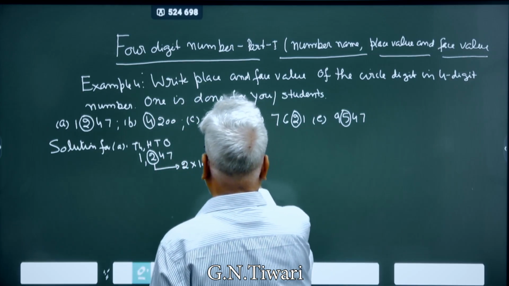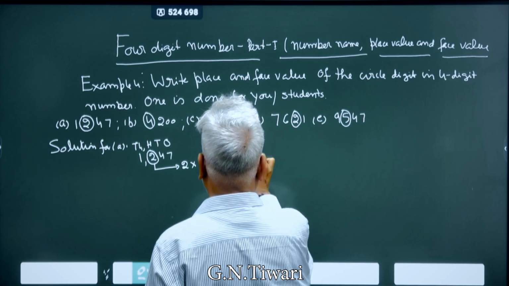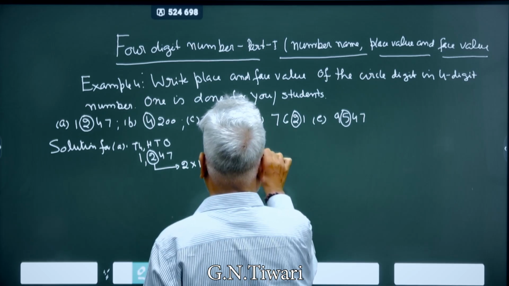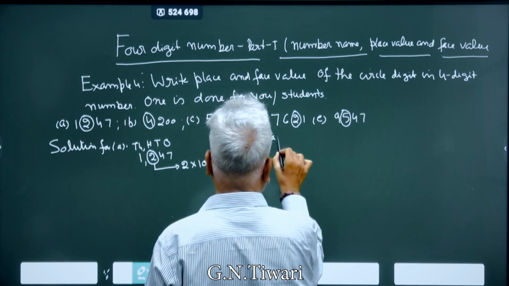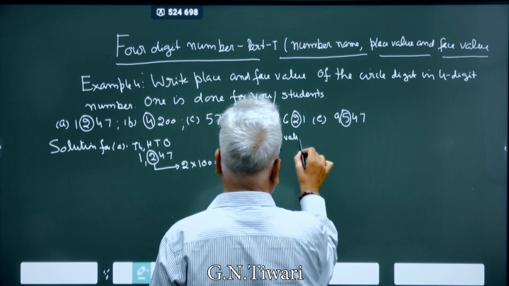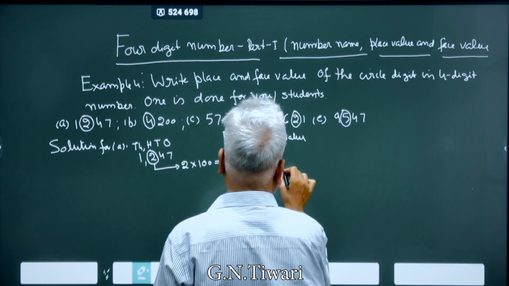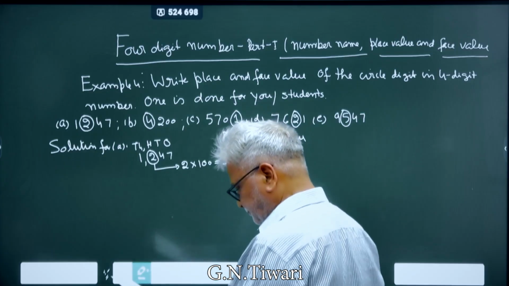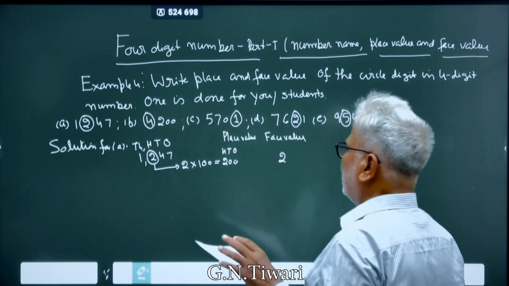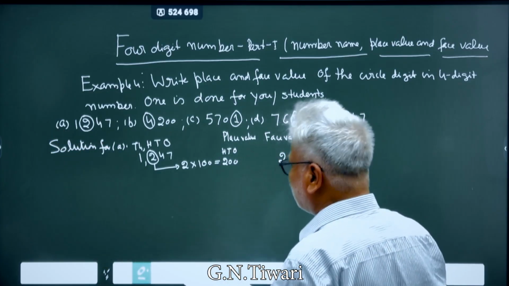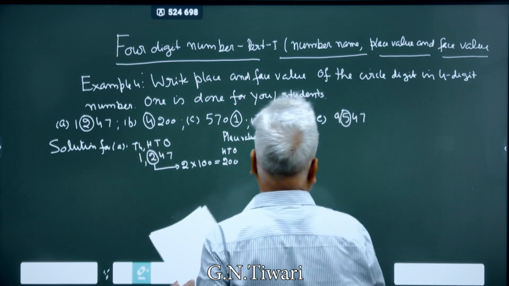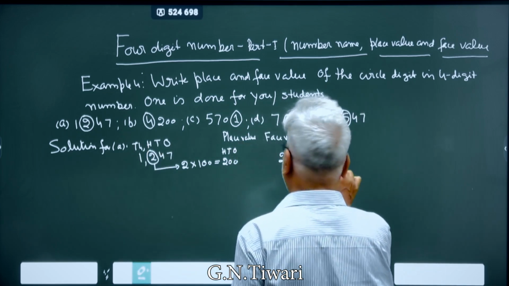This is the place value. Face value is the digit at that place. Digit is 2. That is how. Now, for convenience, the 4-digit number can be expanded form. I am just repeating.